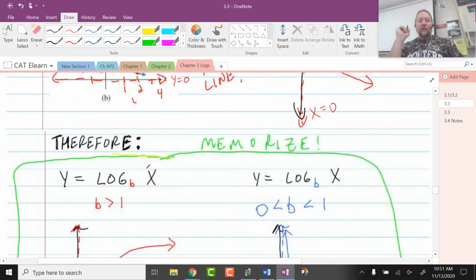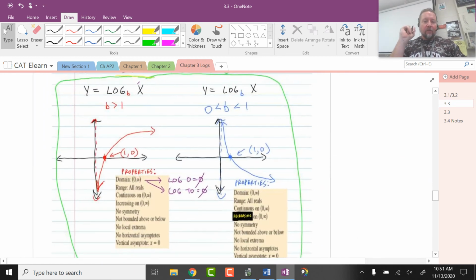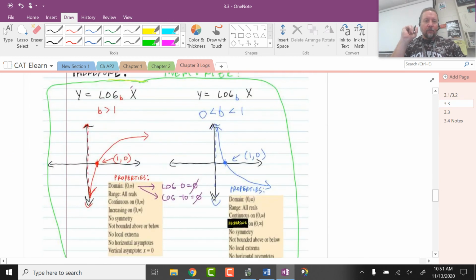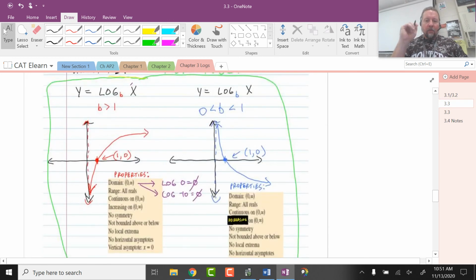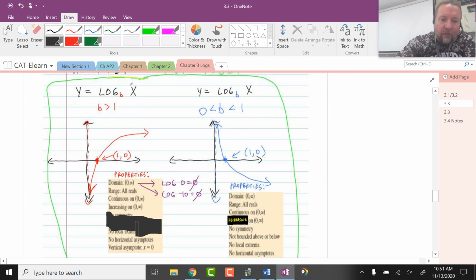So here's where I'm going to take attendance. This is what you should have memorized. The things that we don't really need are irrelevant. There is no symmetry. There is no boundedness. There are no horizontal asymptotes, but there are vertical asymptotes.